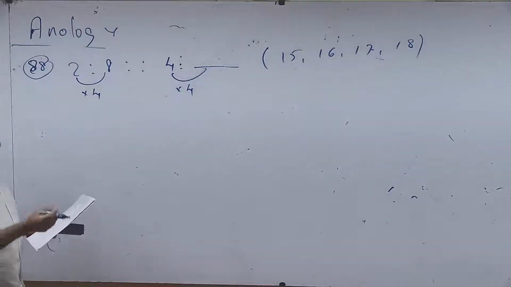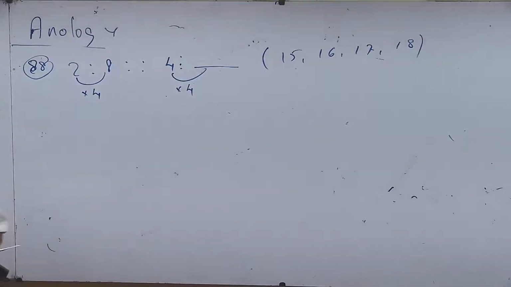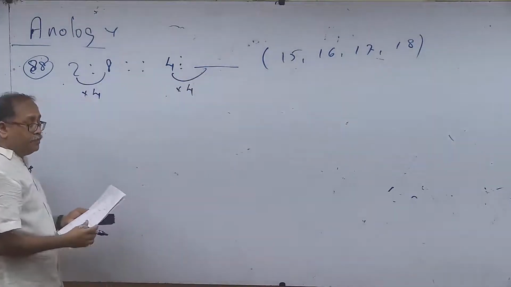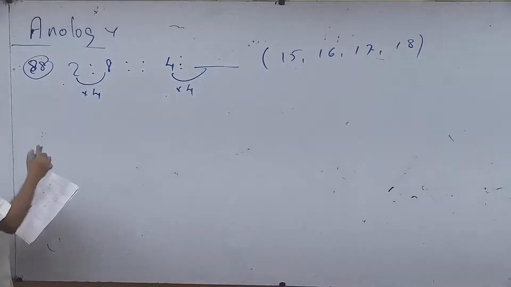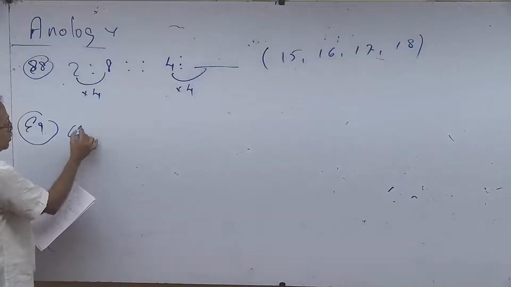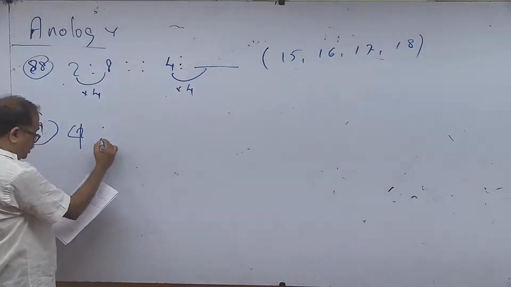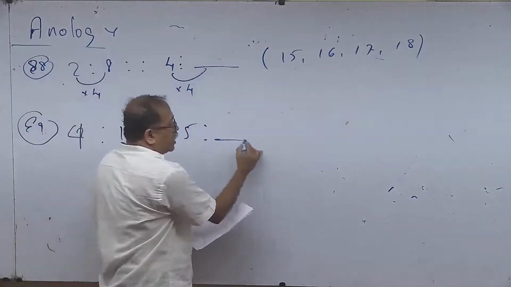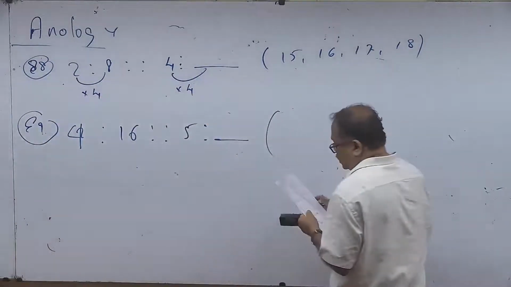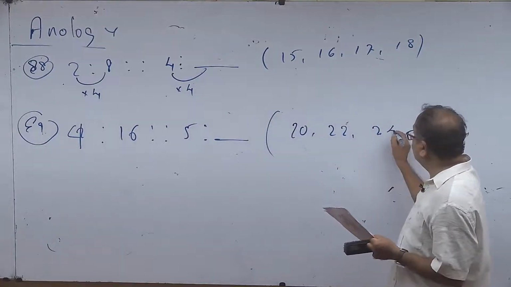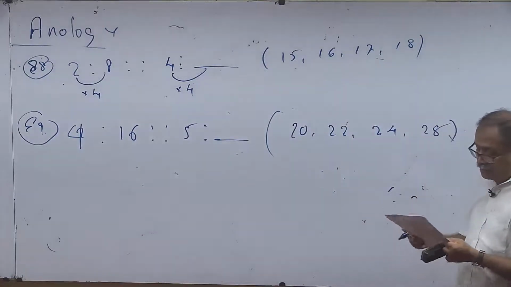Okay. Now if 64 is there, then that could also be my answer, because this is 2 cube and 4 cube. Okay. Now example 9 here, that is 4 is written as 16, then 5 will be written as, your options here 20, 22, 24 and 28.